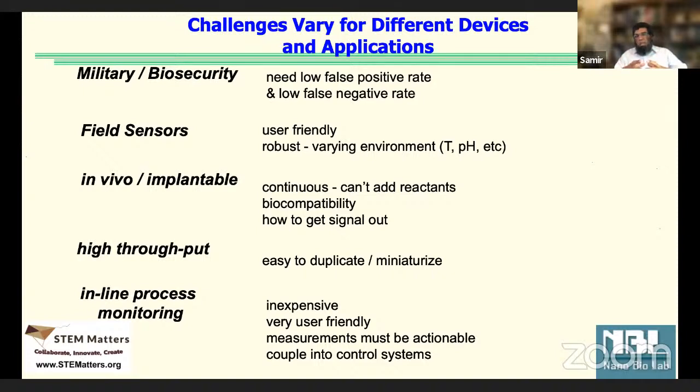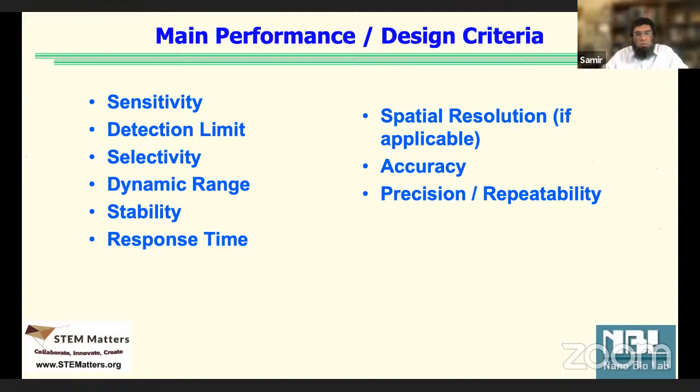But at a very fundamental level, every biosensor has certain basic design criteria or performance criteria or requirements. Let's look at those, because unless we know these features of a sensor, we cannot make a claim about its efficacy. We cannot make a claim of how good it is, right?